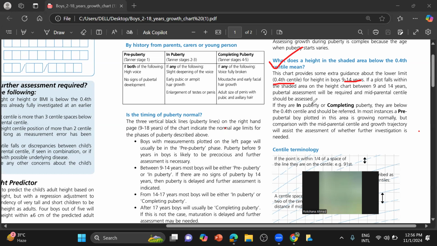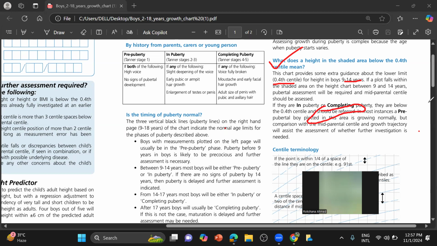But if the child is in this shaded area, has achieved or is in puberty, but his height is below that, at that time we should refer the child.